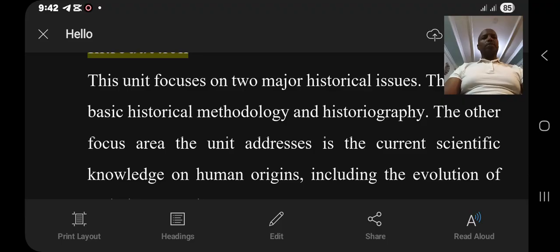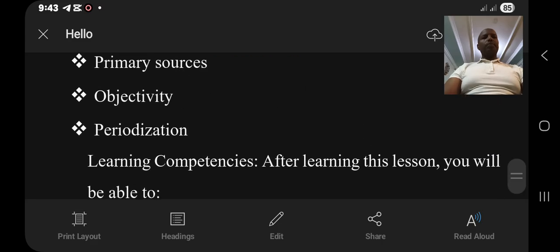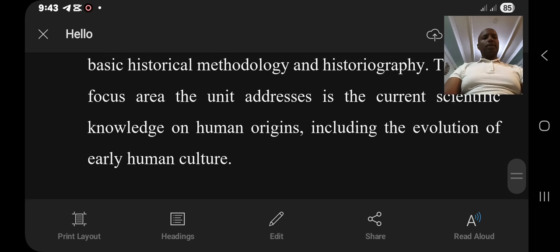One of the first basic issues is historical methodology and historiography. The other focus area of the unit addresses the current scientific knowledge on human origins, including the evolution of early human culture.